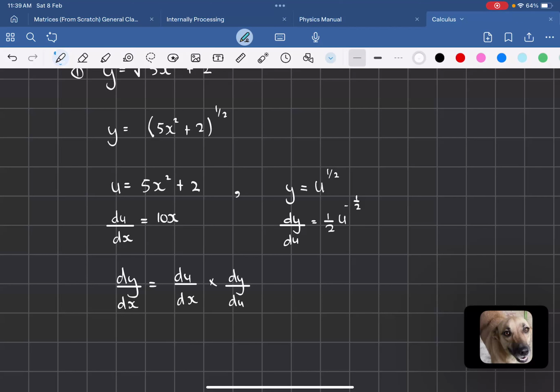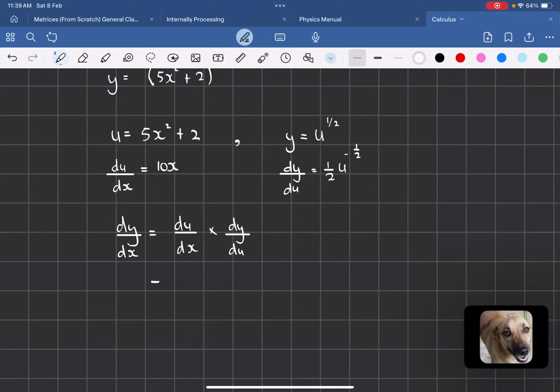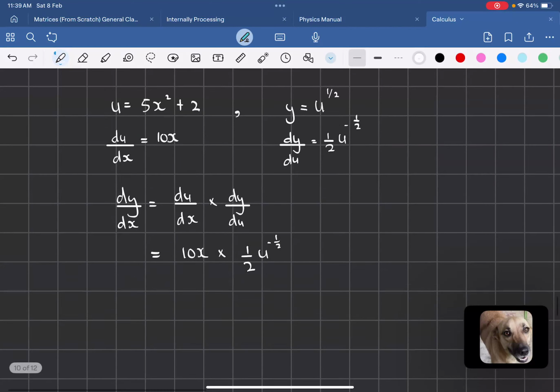Now we're going to combine the two rates of change. du over dx is 10x, and dy over du is a half u to the power minus a half.